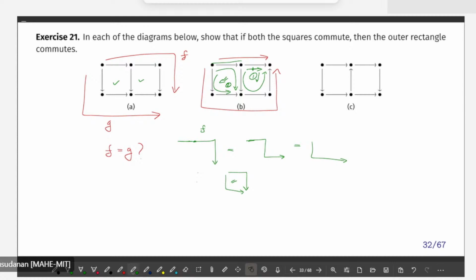Just write it here. The single arrow becomes these four arrows, and then this part. So that is here, and then this part becomes that. So again, just two steps.